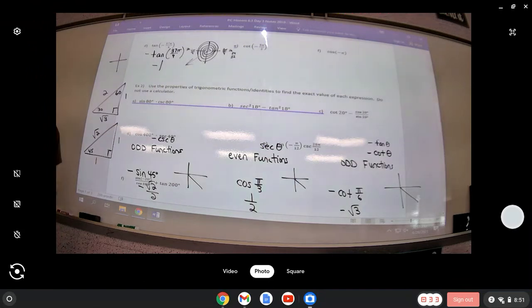All right, you guys try E. What is the cotangent of negative 3 pi over 2? Again, you could do that as is, but the property says you can pull out the negative and do it with a positive theta.